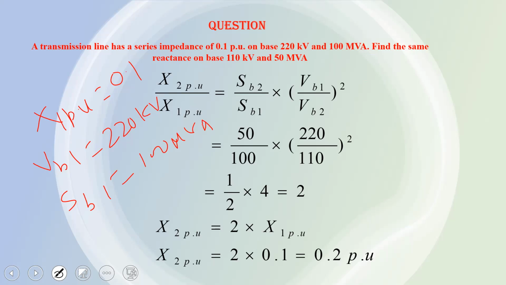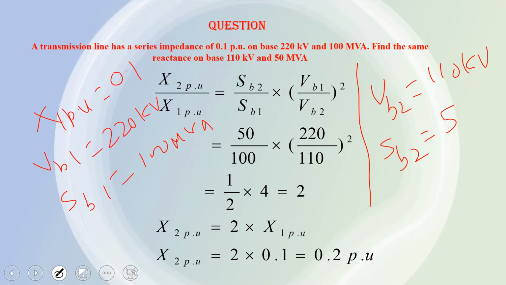Now the task is to calculate the same reactance on the new base, VB2 and SB2. Suffix 2 is used for the new value and 1 is for the given value. So the new base is 110 kilovolt and the new base MVA is 50 MVA.